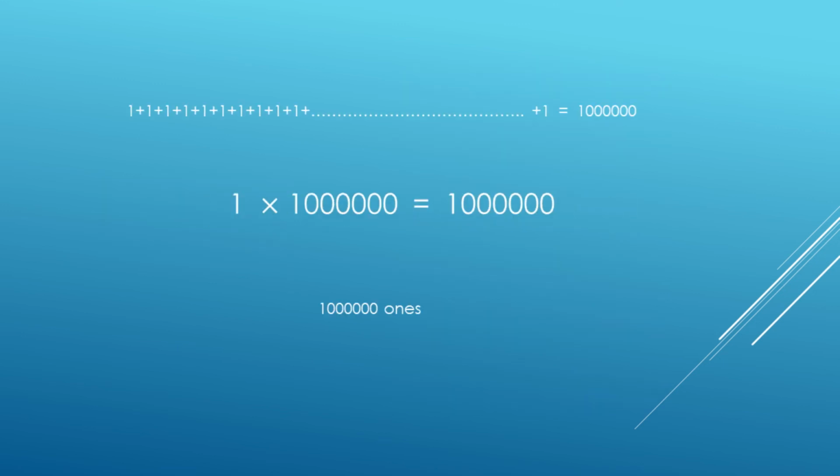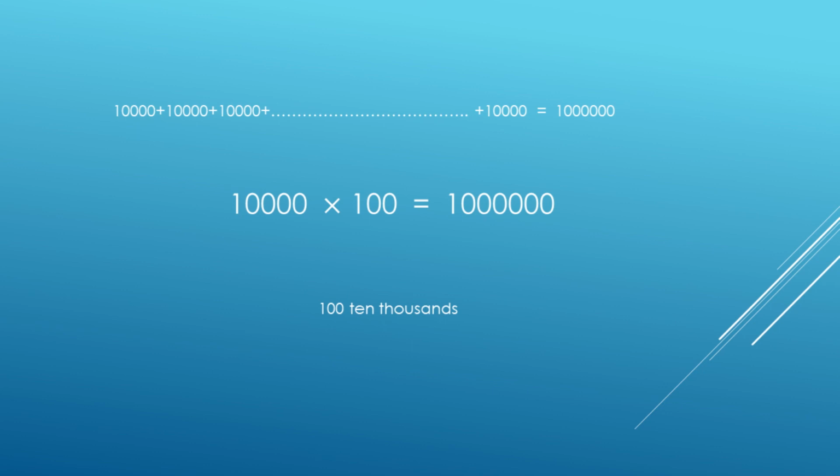Many forms of 10 lakh. If 1 is added 10 lakh times, we get 10 lakh. That means there are 10 lakh ones in 10 lakh. If we add 10 one lakh times, we get 10 lakh. That means there are 1 lakh tens in 10 lakh. If we add 100 ten thousand times, we get 10 lakh. That means there are 10,000 hundreds in 10 lakh. If we add 1,000 a thousand times, we get 10 lakh. That means there are 1,000 thousands in 10 lakh. If we add 10,000 a hundred times, we get 10 lakh.